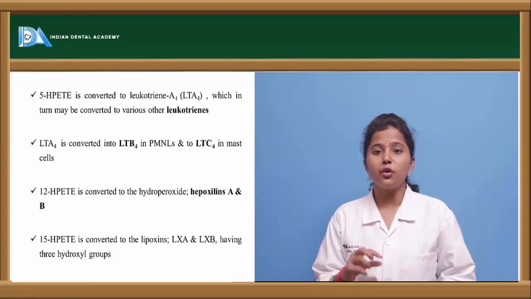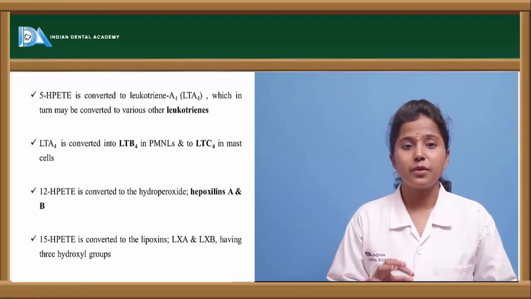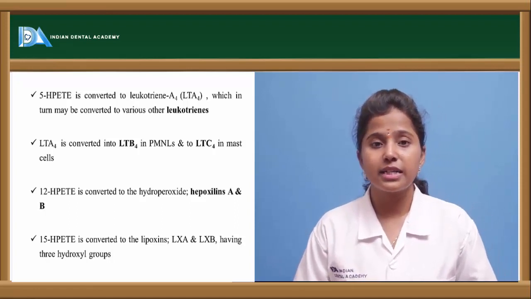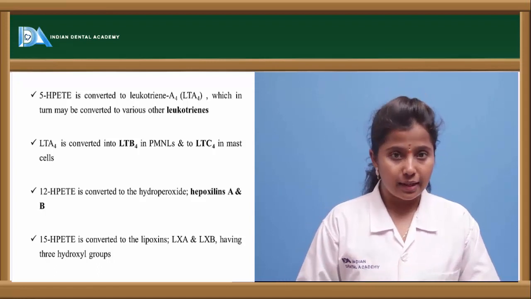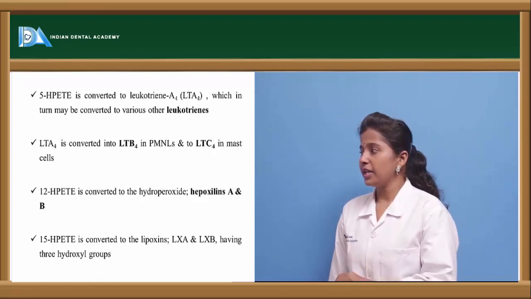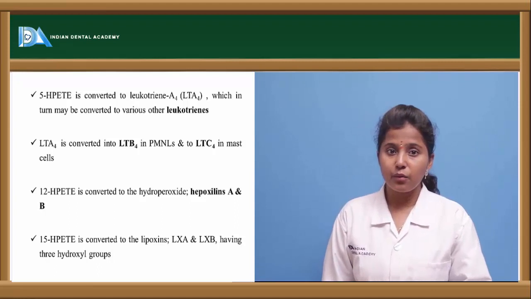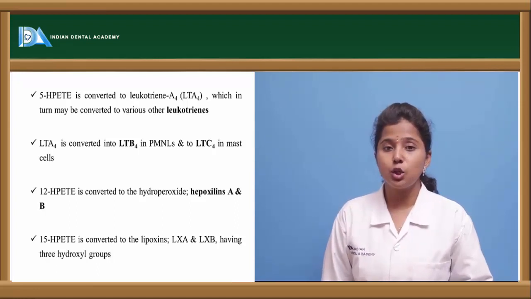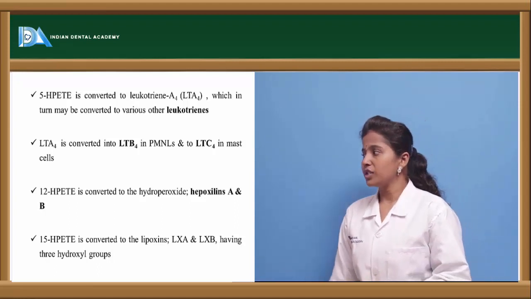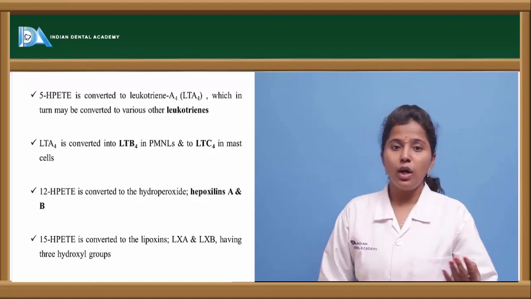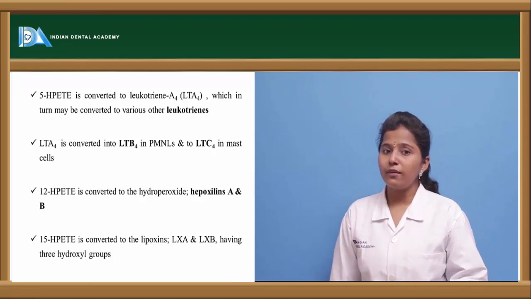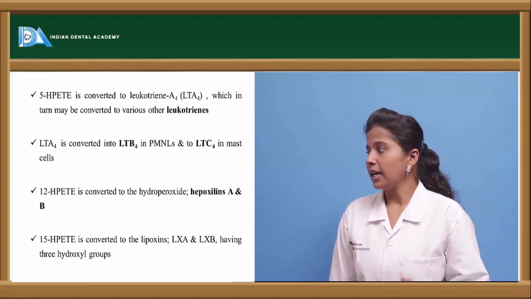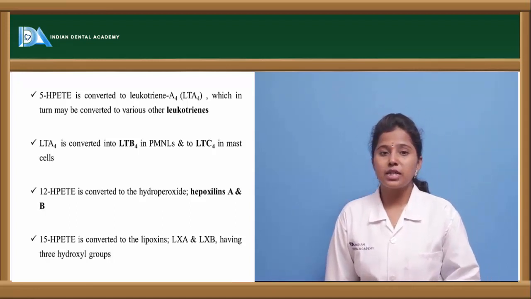So the number of this eicosanoid acid is given based on the group which is present on the carbon atom of the ring. This 5 HPETE is converted to LTA4, that is leukotriene A4, which is further converted to LTB4 as well as LTC4. From 12 HPETE the lipoxins A and lipoxins B are formed.